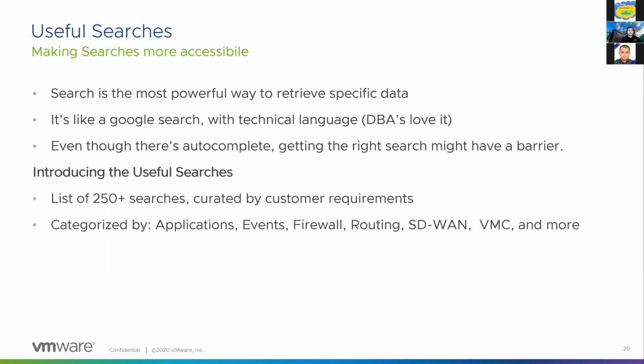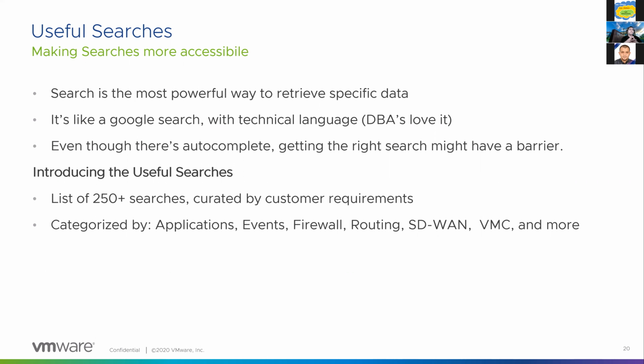But with 6.0, they have introduced a list of 250 plus inbuilt search queries right now, which is mainly derived out of customer requirements. It is categorized into application groups, events, firewalls, routing, SD-WAN, VMware Cloud on AWS, and more of them.